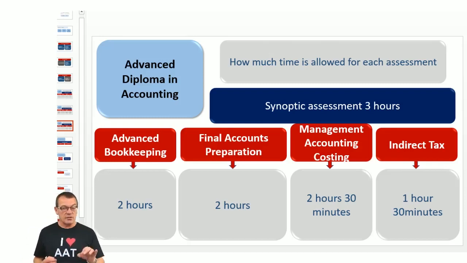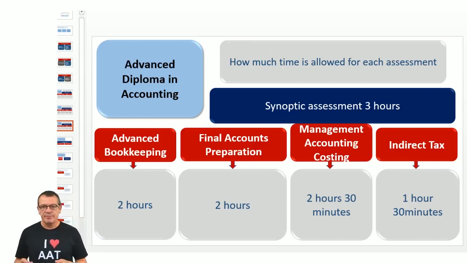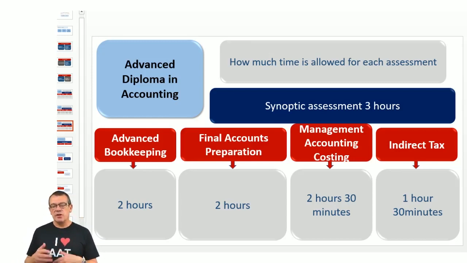So that's your advanced accounting and your final accounts prep. Your costing unit is 2.5 hours. However, the indirect tax unit, or the VAT unit as we call it, has got 90 minutes. And you will be seeing how this works also on LSBF TV. So that's the difference in timescale. So it does vary between the units that you're actually doing.